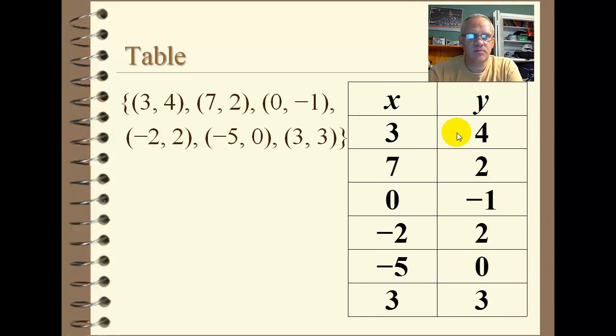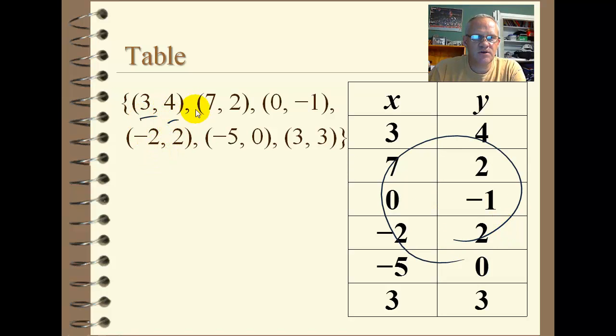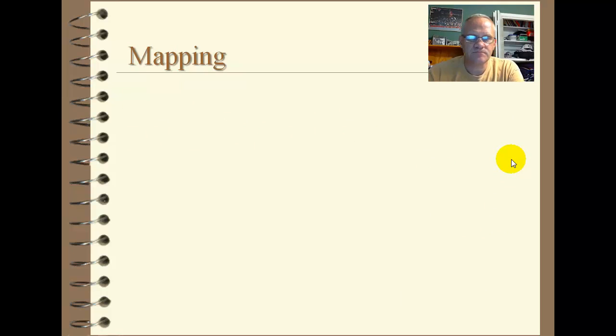So here's an example of your ordered pairs, your relation, and then to the right here, all this over here is your table. So you notice over here 3 and 4 go together, and so notice 3 and 4 in the table. And then over here 7 and 2, and we have 7 and 2. So they just translate into the table.